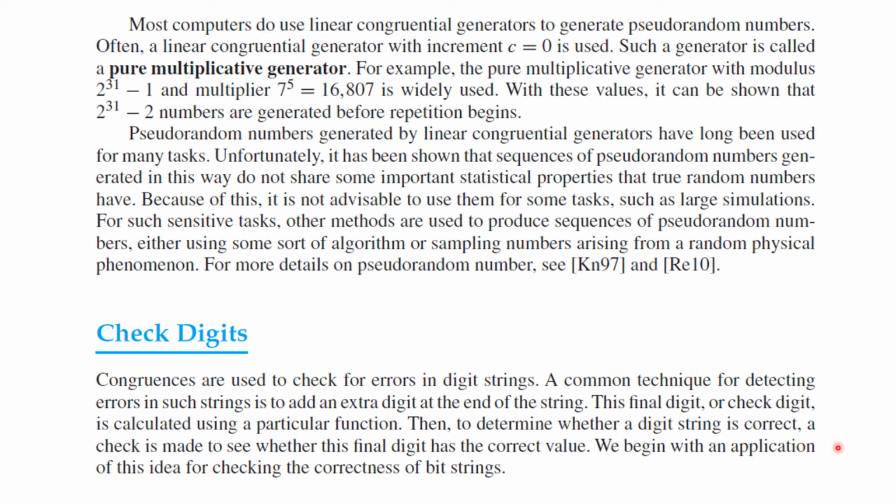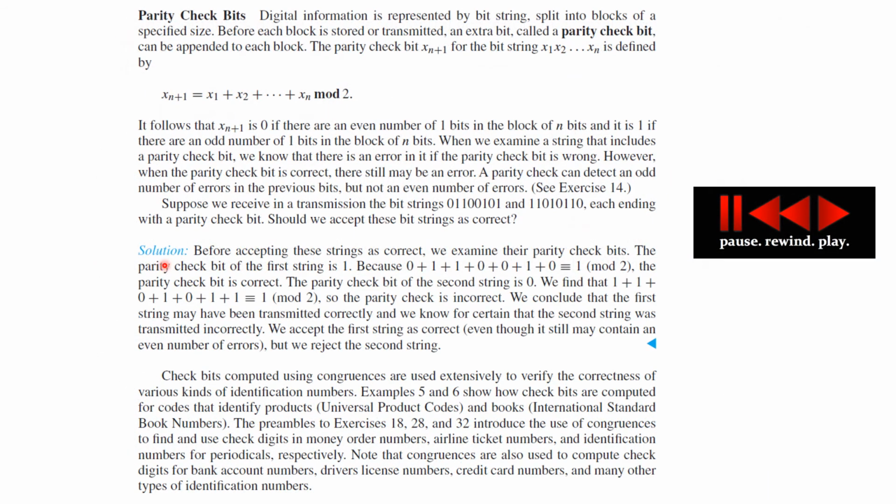We begin with an application of this idea for checking the correctness of bit strings. This is called parity bit checks. Digital information is represented by bit strings, but is split into blocks of a specified size. Before each block is stored or transmitted, an extra bit called a parity check bit is appended to each block.